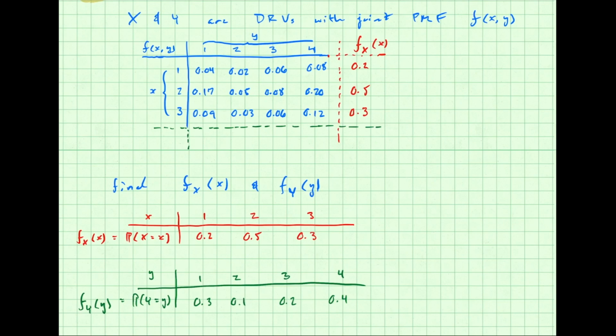You then put f of y, and you put in these numbers, 0.3, 0.1, 0.2, and 0.4. And so you've put these things in the margins, right? So that this is a margin. And so is the columns, so is the red stuff over there on the side.